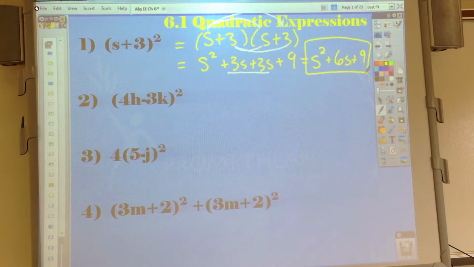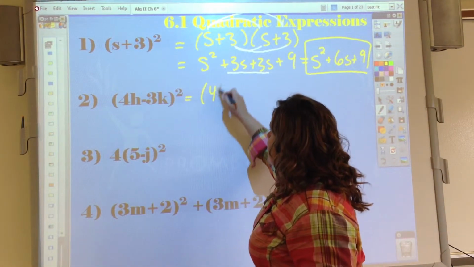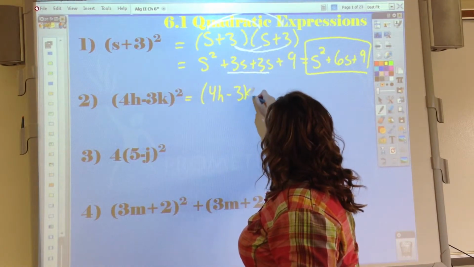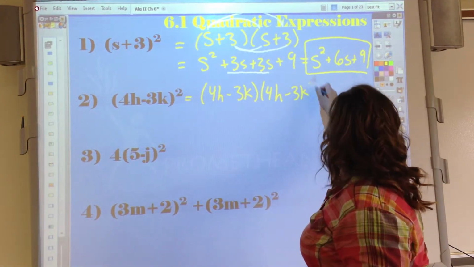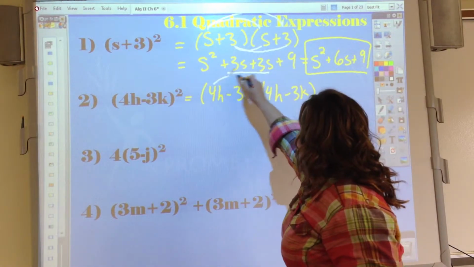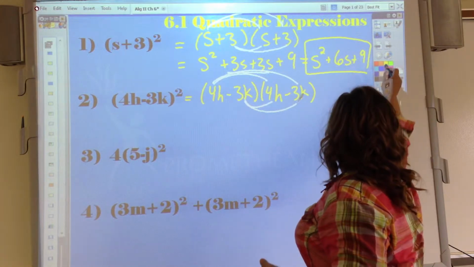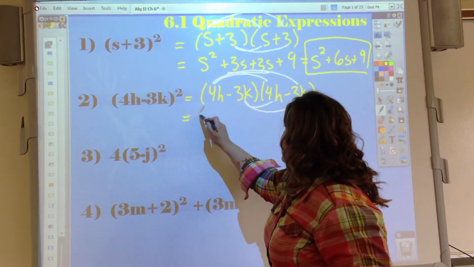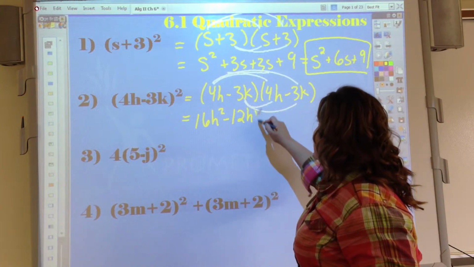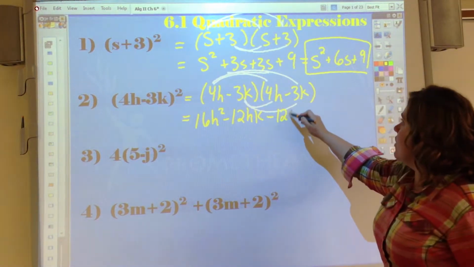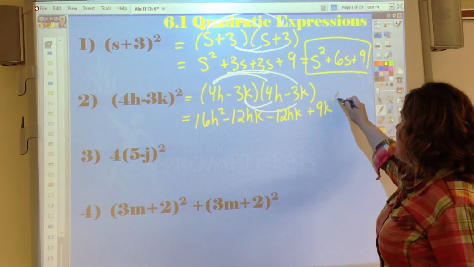We're going to do that same operation for number 2. First, let's rewrite as being multiplied by itself twice. And again, we're going to multiply first, outer, inner, last, and we end up with 16h squared minus 12hk minus 12hk plus 9k squared.